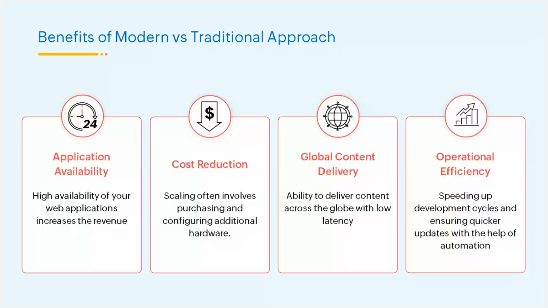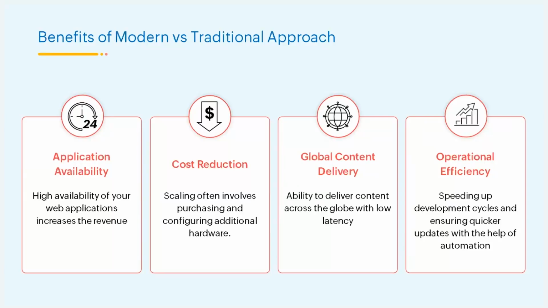So in summary, adopting a modern approach to building applications will offer advantages such as improved availability, cost reduction, global content delivery, and operational efficiency when compared to traditional methods.